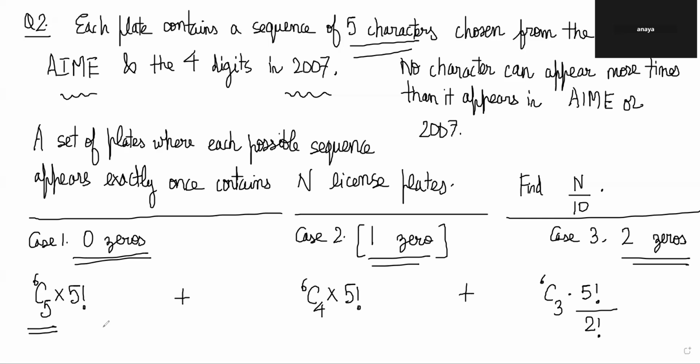And then 6 choose 3 times 5 factorial by 2 factorial, that's like 6 factorial times 10 by 3 factorial.